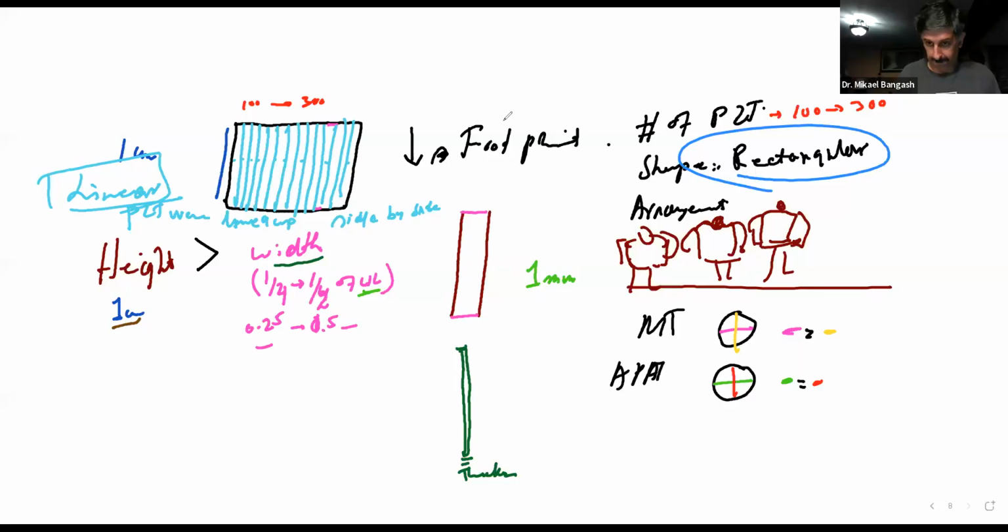Okay, ladies. Now, we can go to the image shape. This is just what the transducer looks like. We have multiple PCGs lined up like this.